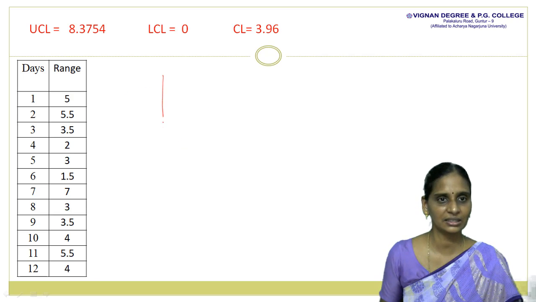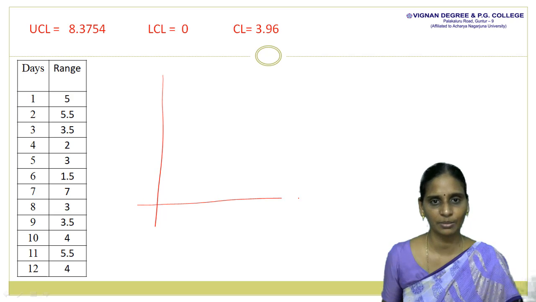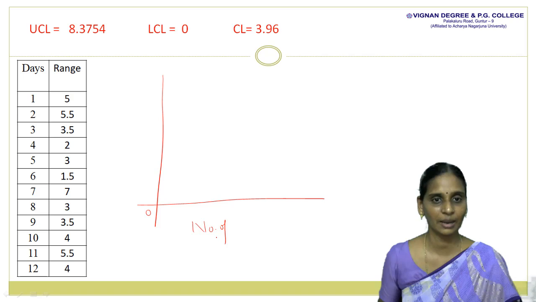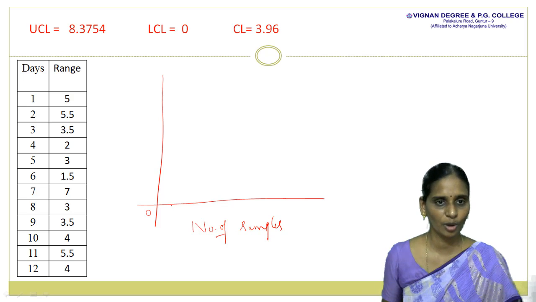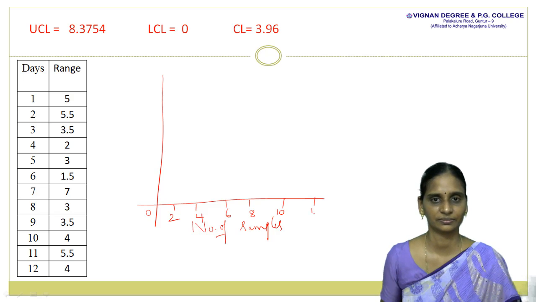On the x-axis, we take the sample number as usual. In our problem, we are given 12 samples. Here 1 centimeter is equal to 2 units. On the y-axis, we have to fix a suitable scale based on the range values.